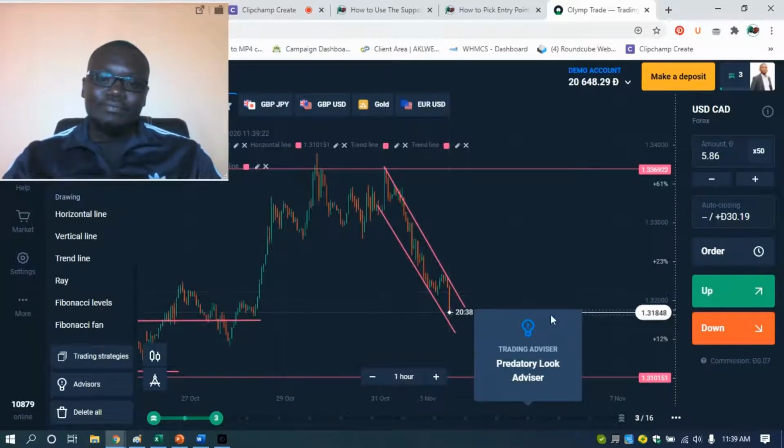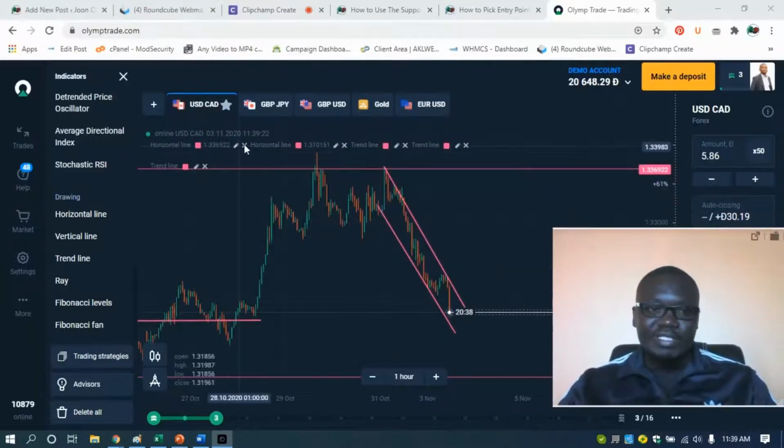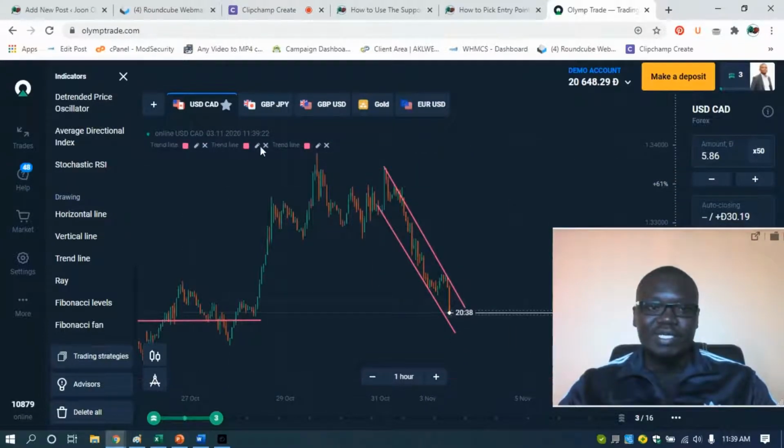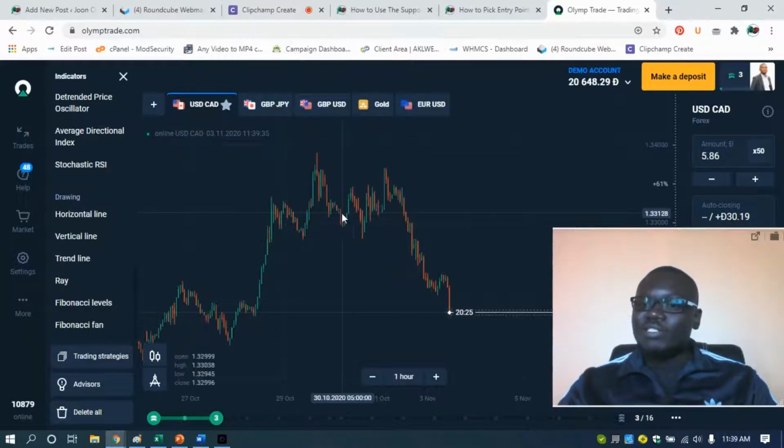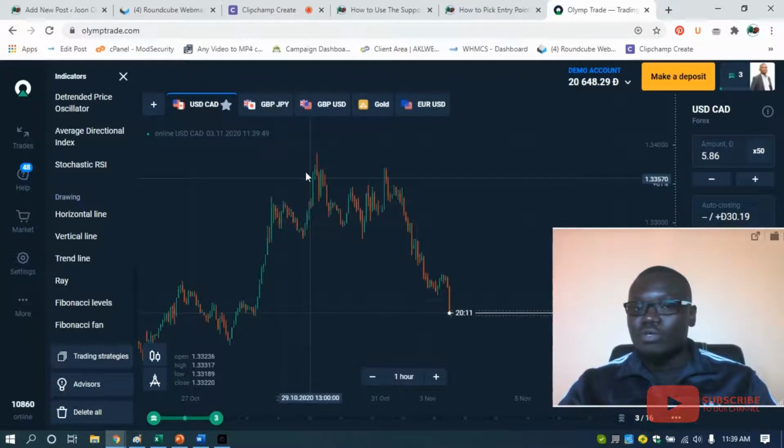So just a quick recap, just so we make sure that you understand whatever we've been explaining all this while. Support and resistance levels are predetermined levels that traders set in their minds. For example, if you look at this chart, you can obviously see that prices have tried to come to this level.